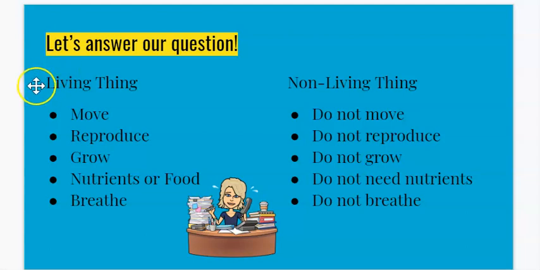Remember, if it is a living thing, you can move, reproduce, grow, you need nutrients or food, and you can breathe. If you are non-living, you're pretty much the opposite of living. You do not move, you do not reproduce, you do not grow, you do not need nutrients, and you do not breathe.